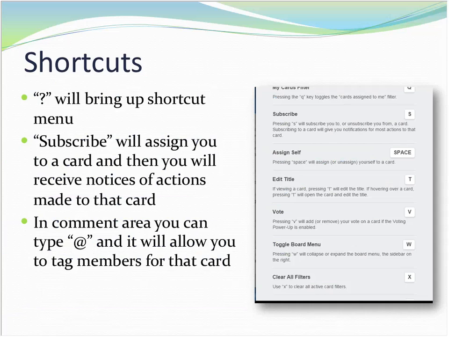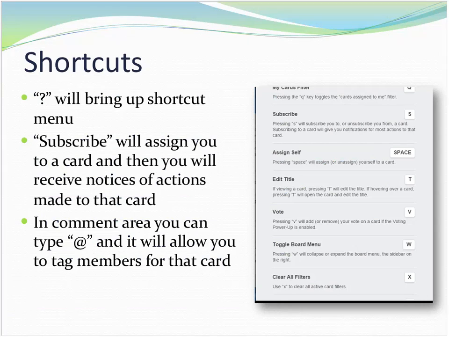The other thing I've found out recently is that there are some pretty neat shortcuts. Wherever you are, if you want to find a shortcut to do something, you can just hit the question mark, and it'll bring up your shortcut menu. For instance, if you're on a board and you want to subscribe, instead of going to the menu and choosing Subscribe, you can just type the letter S within that board, and it will subscribe you to that board.